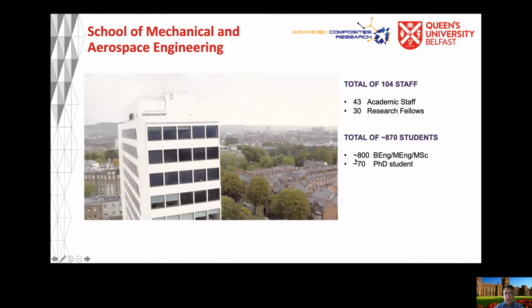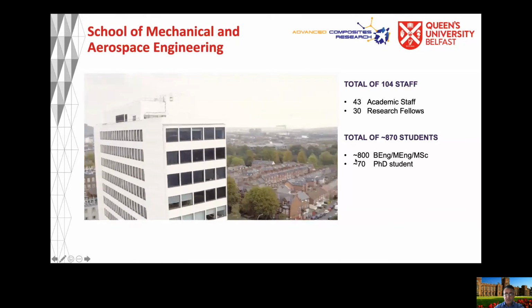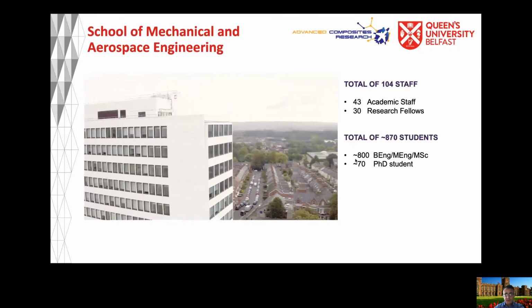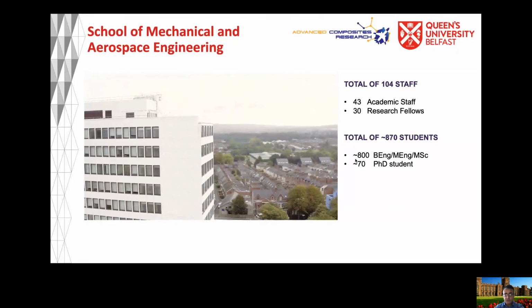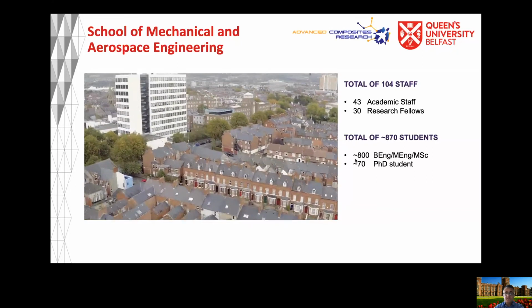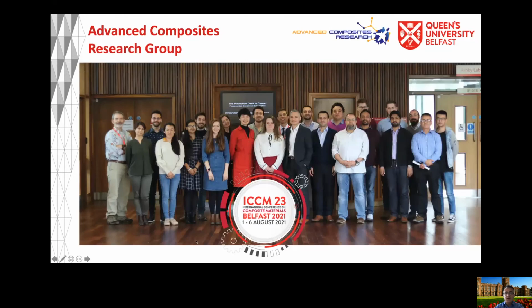In the school, we have a total of 870 students, including 800 BEng, MEng, and MSc students, and about 70 PhD students. I'm working as part of the Advanced Composite Research Group. The group consists of academics, postdoc research fellows, and PhD students.